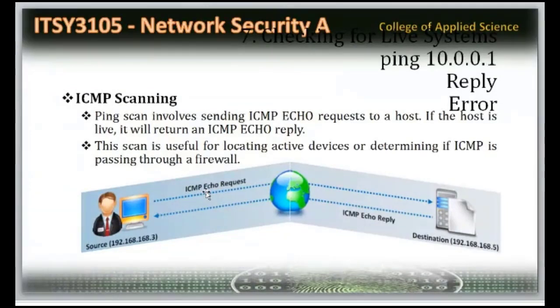The ping packet is going. If the machine is alive, if the machine is running, I'm going to get the reply. Otherwise, I will get an error message. I can understand this machine is on or off. A very simple technique, that is the ICMP scanning technique.